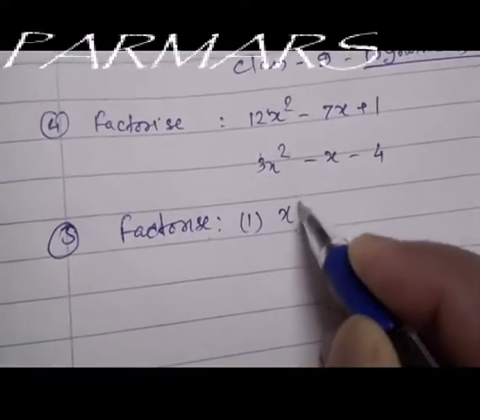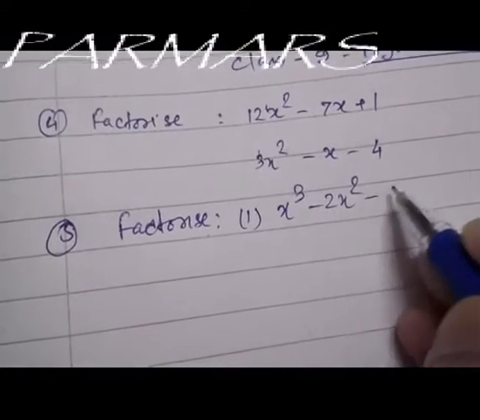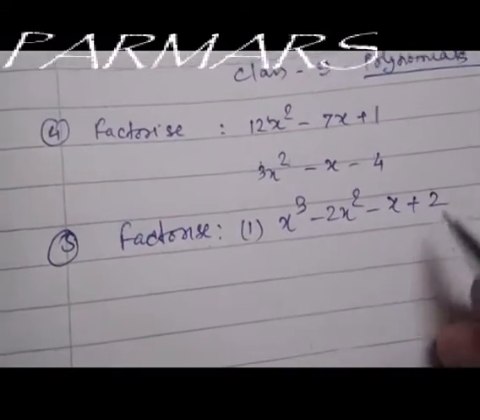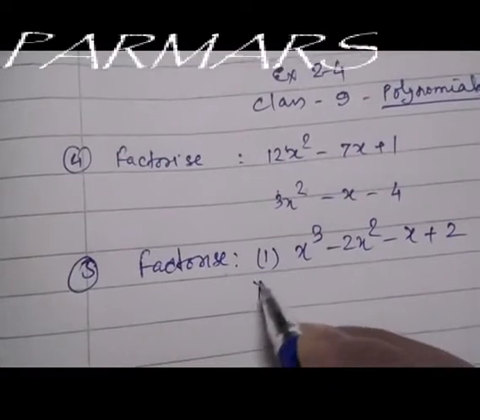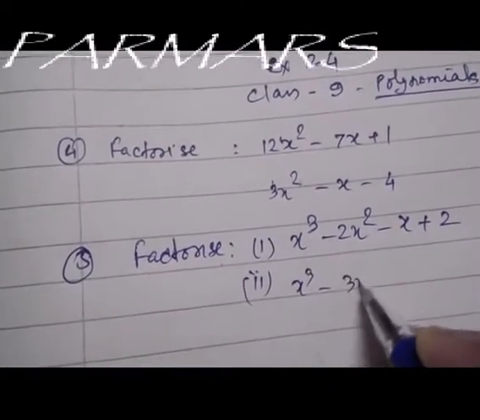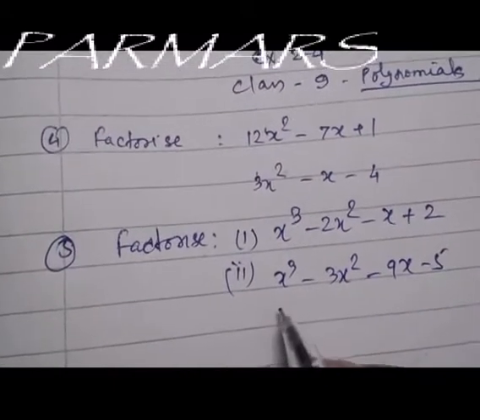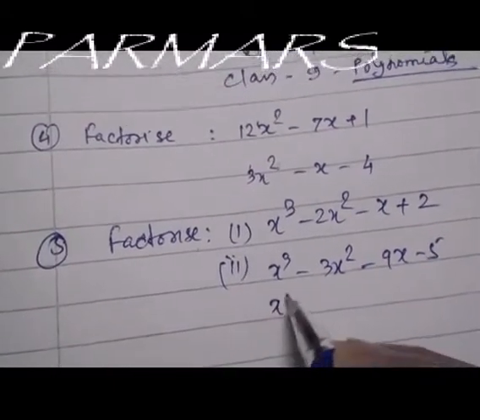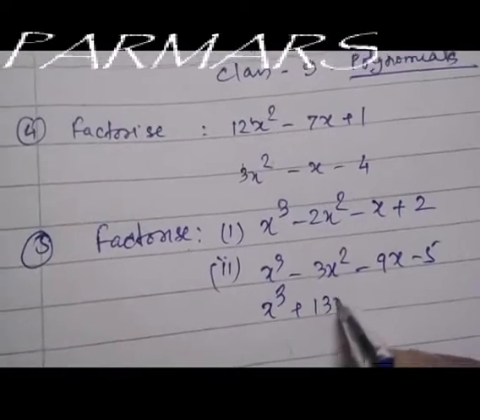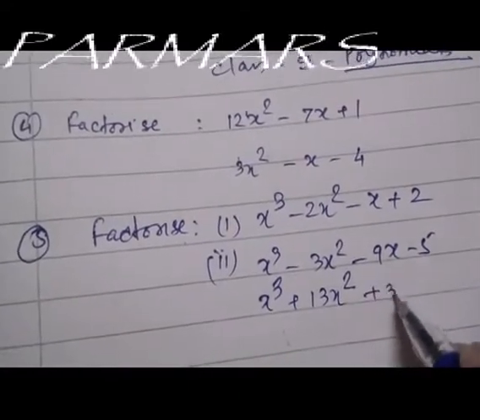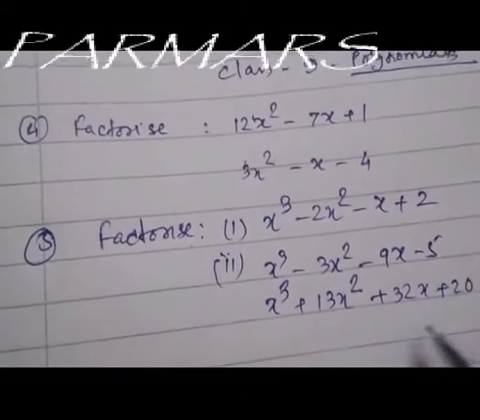First one, x cube minus 2x square minus x plus 2. Second one, x cube minus 3x square minus 9x minus 5. One more question, x cube plus 13x square plus 32x plus 20.